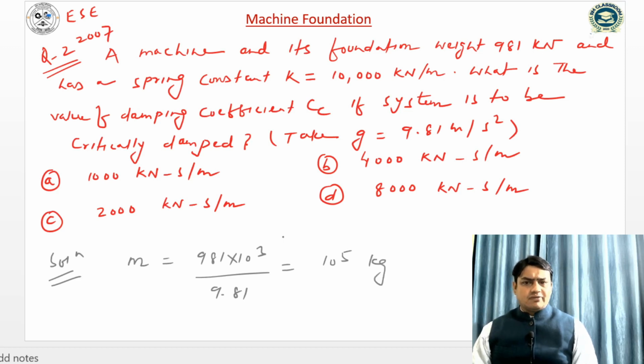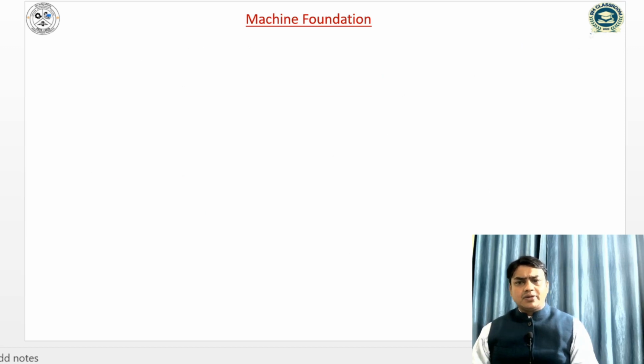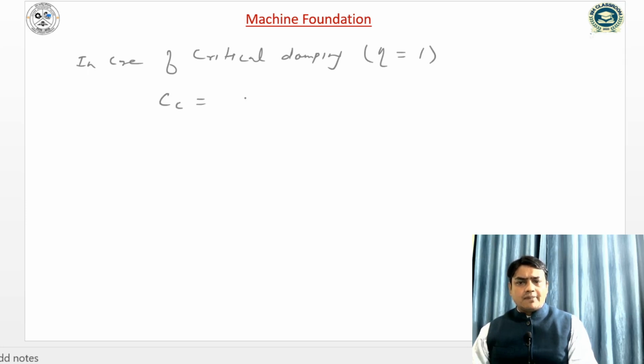Spring constant is given, and in case of critical damping, the value of damping ratio will be unity, and the critical damping expression is 2 into square root of m into k.